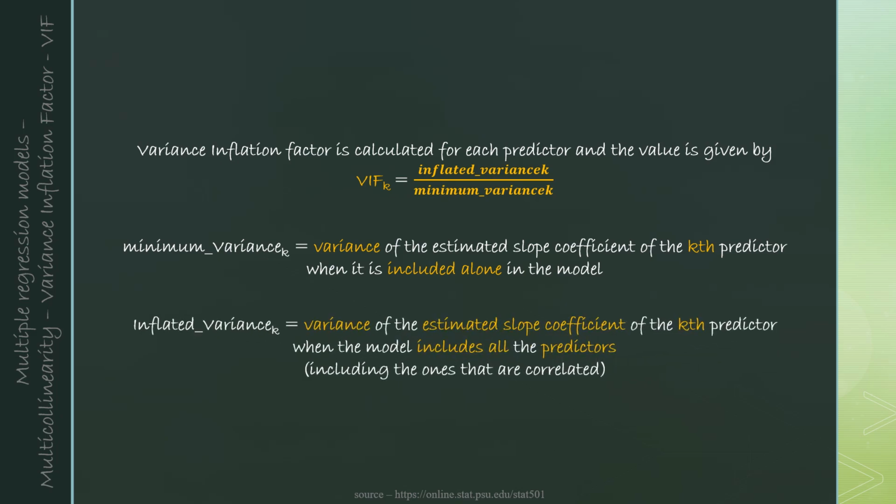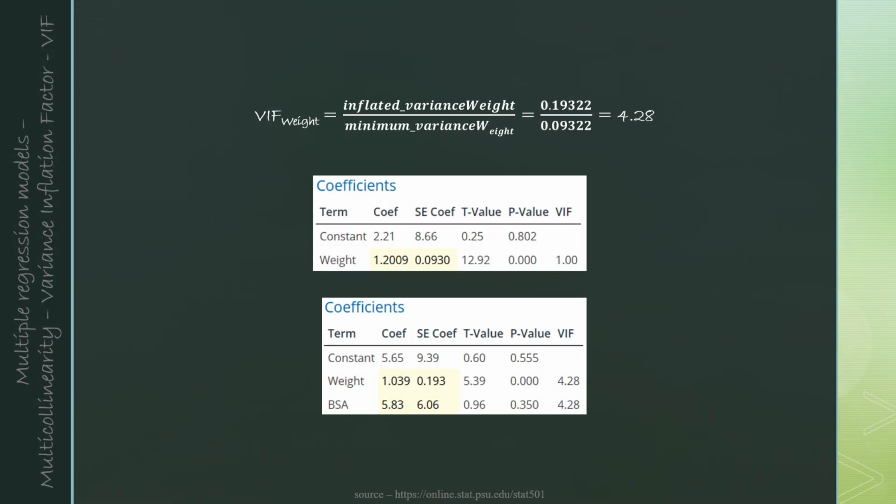Inflated variance k equals variance of the estimated slope coefficient of the kth predictor when the model includes all the predictors, including the ones that are correlated. Accordingly, VIF weight equals inflated variance of weight divided by minimum variance of weight, which equals 0.1932 square divided by 0.0932 square, and that equals 4.28.